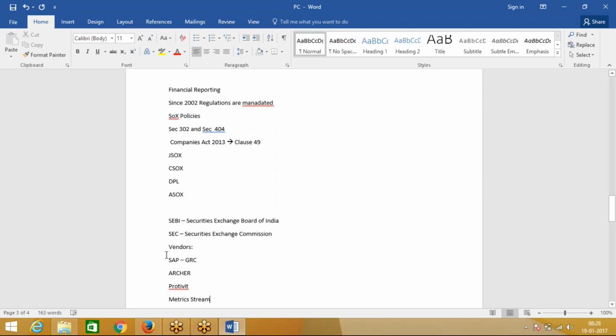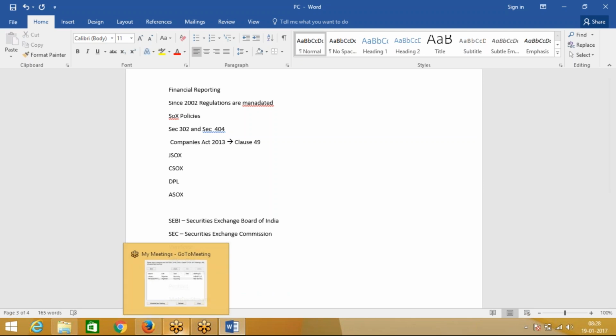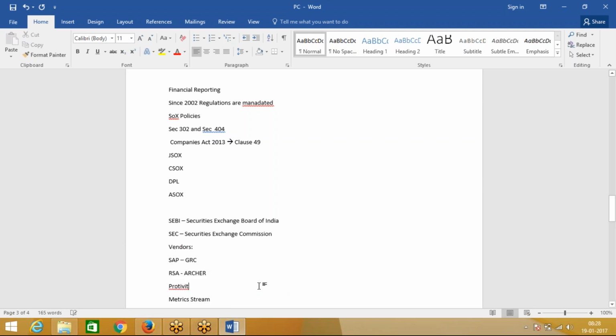Okay, so like this various vendors are here: SAP, Archer, Protivity and all these things. Archer is basically the RSA company, RSA Archer. Different vendors are there. SAP is obviously GRC, and RSA has Archer, and there are Protivity and MetricStream. Lots of tools are there.